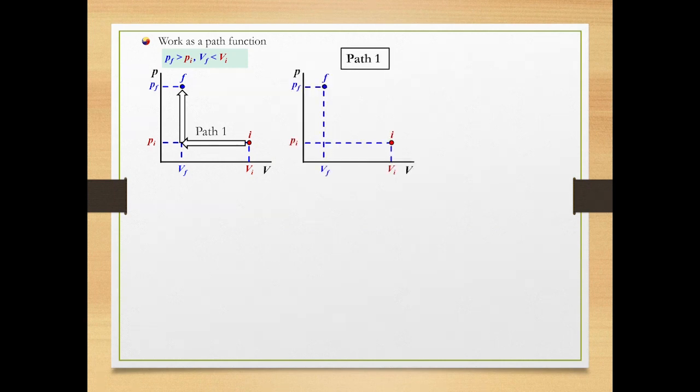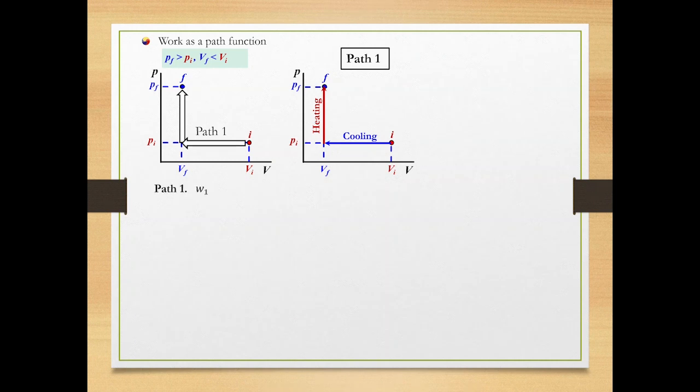How can path 1 be created empirically? You may cool the gas, which would lead to volumetric compression from Vi to Vf under the constant pressure Pi. That's step 1. In the subsequent step, you may heat the gas while maintaining the volume constant at Vf until the pressure of the gas increases from Pi to Pf.